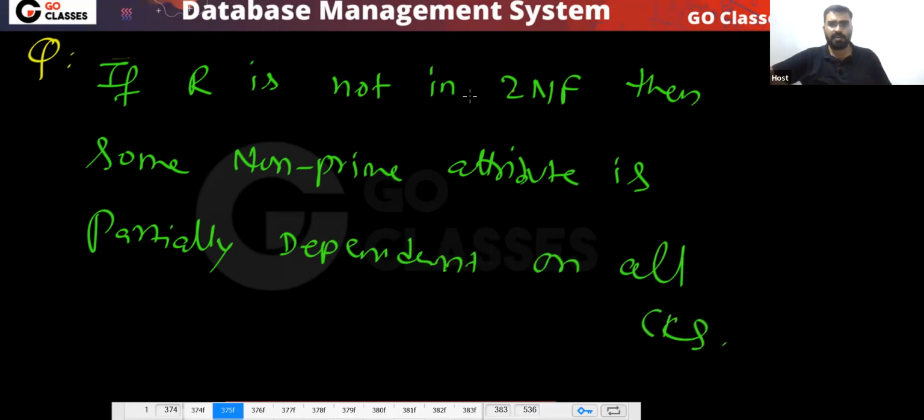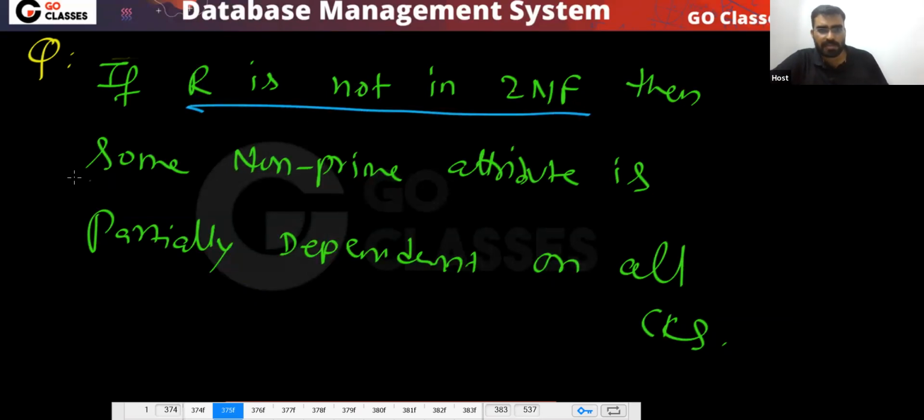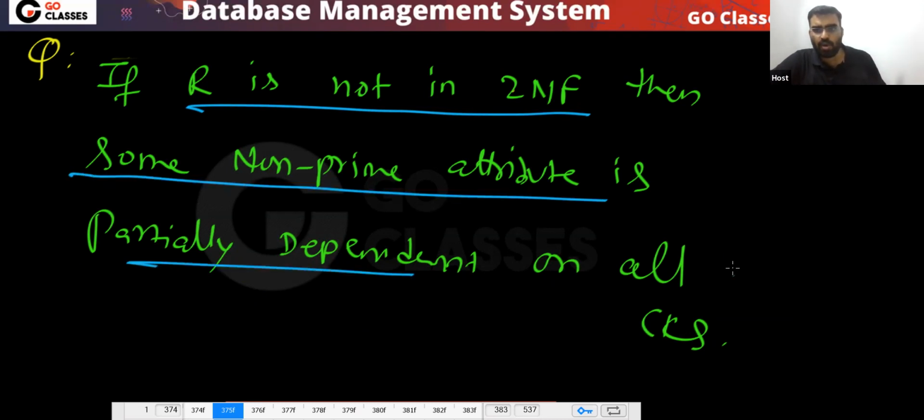Is this clear? Tell me, is this statement true? If the relation is not in 2NF, then some non-prime attribute is partially dependent on all candidate keys.